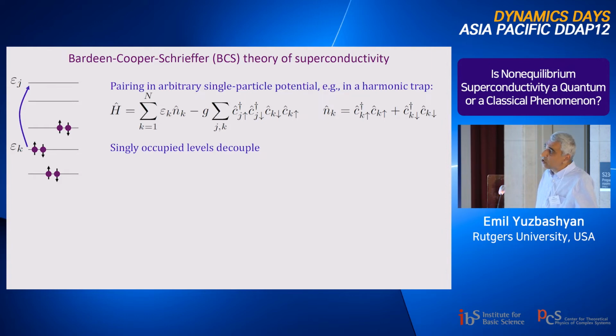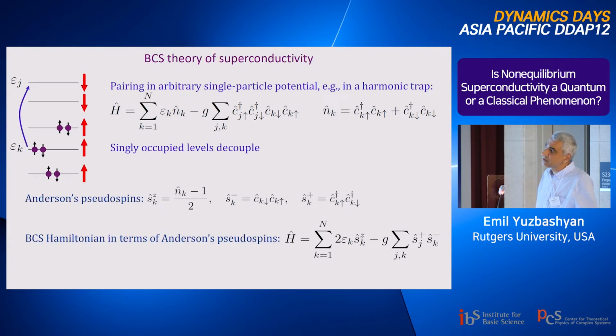So then, on each level, we either have nothing, it's unoccupied, or it's doubly occupied, which means that we can describe it with a spin 1/2 variable. So we say that the spin is up if a level is occupied, and it's down if the level is empty. These spin variables are called Anderson pseudospins.